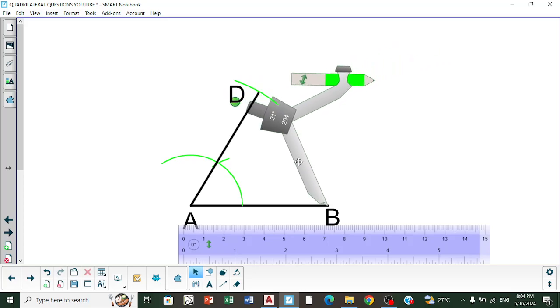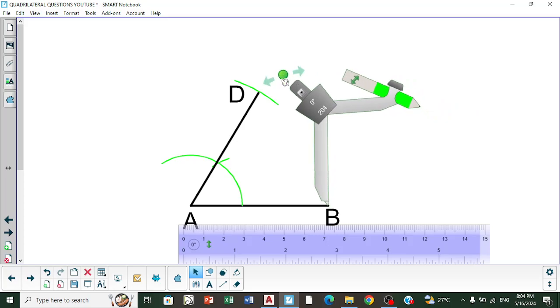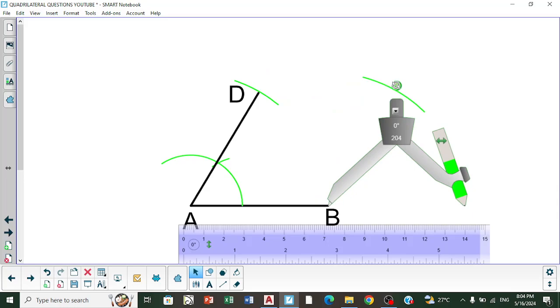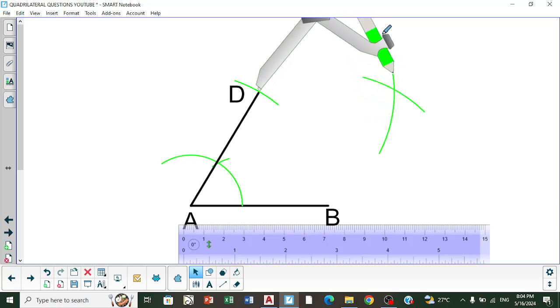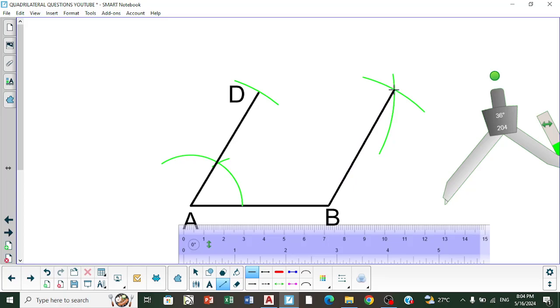I come at B, with my compass set at the same distance, and inscribe an arc. Then I jump to D. Of course, my compass is still set at the same distance, and I draw an arc. And I take my ruler and I draw a straight line to this point where the two arcs touch or intersect.